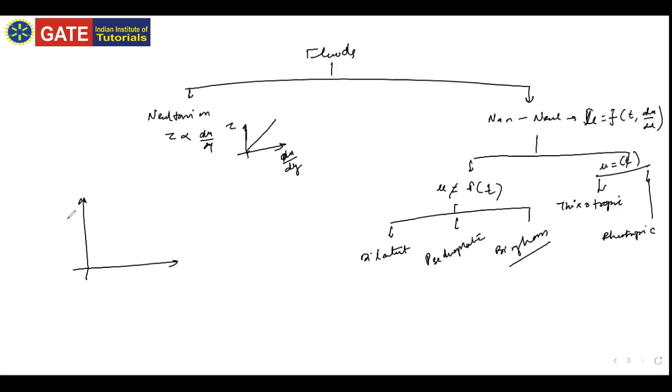Let's first draw the graph, then we can go towards the idea part so that we can discuss it again. Let me draw all the fluids here. This straight line represents the Newtonian fluid. Here you have tau, and here you have du by dy.